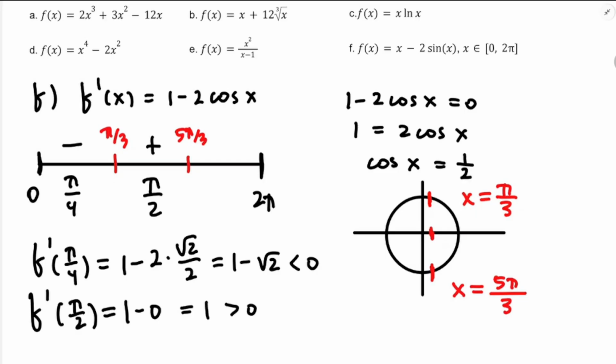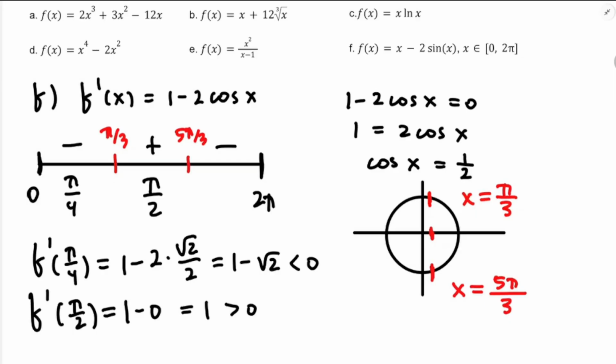Okay, and then x equals, you could do 7 pi over 4, something between 5 pi over 3 and 2 pi. I'd like to think you could even do 2 pi because it's going to be defined there, and we're not going to have a sign change earlier. Yeah, either way, you're going to see it's negative, whatever your analysis is.